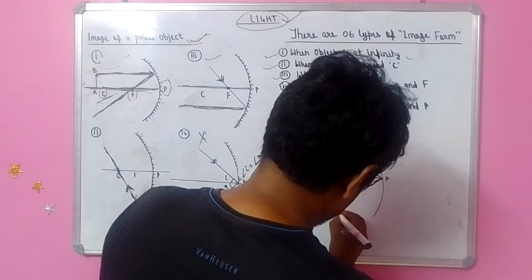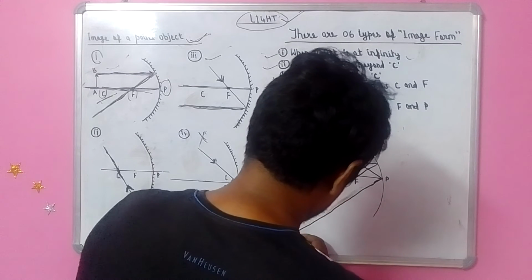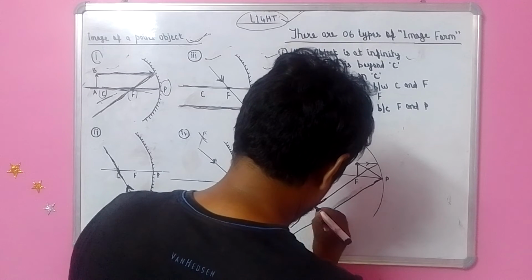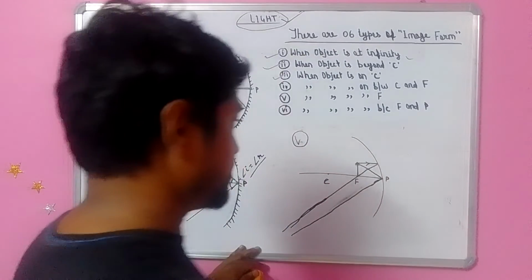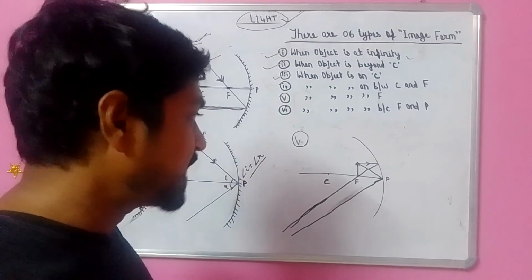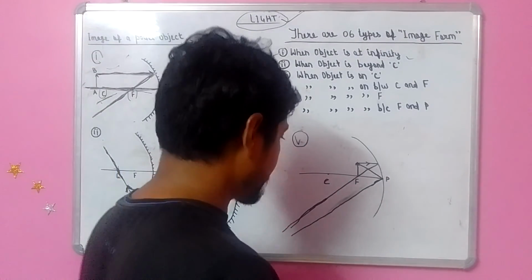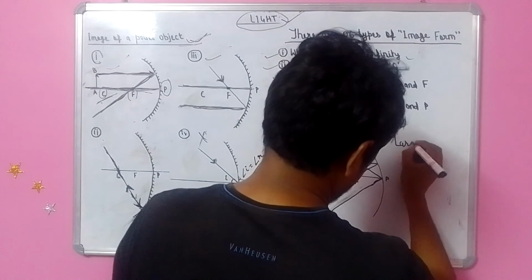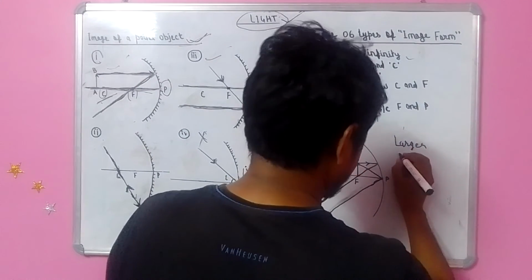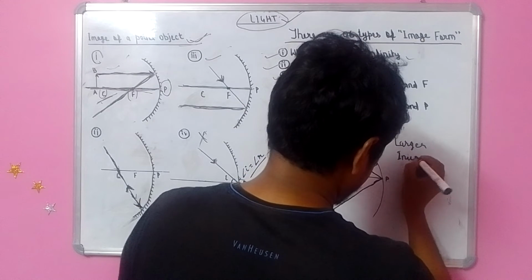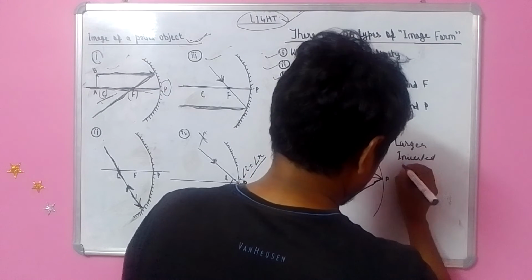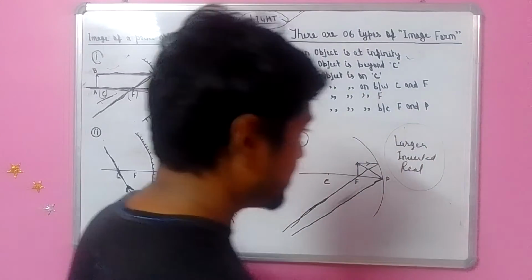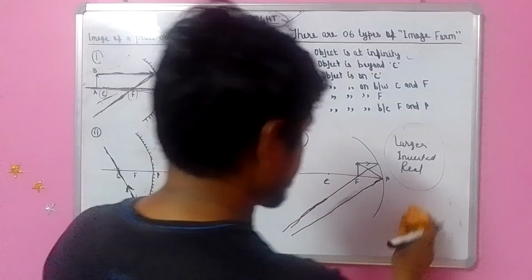We can understand the image will be formed at infinity. What kind of image will be formed? It will be a very large image, inverted, real. This type of image will be formed in this case.